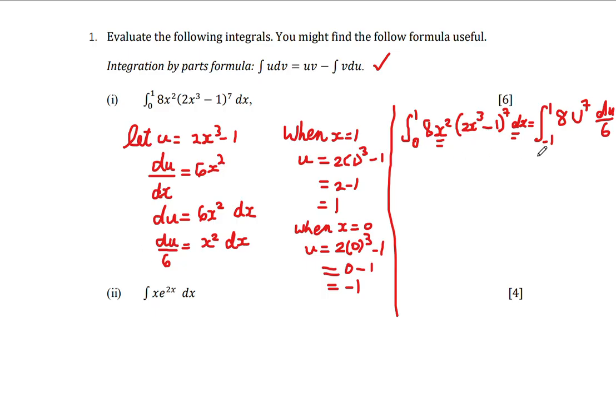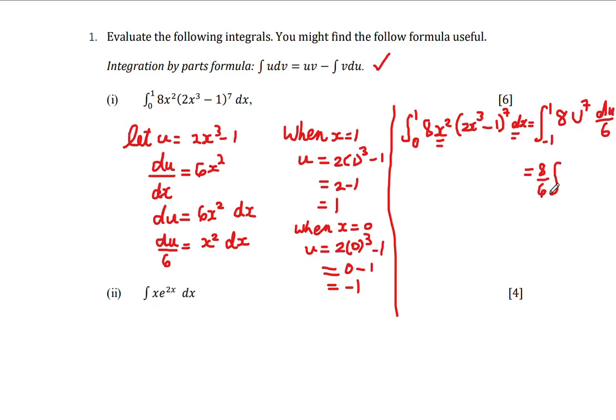So now we have set up the integral and rewritten it in terms of u. From here, the integration process is going to be very simple. What we're going to do is pull out the constants 8 and 6. So this could be pulled out in front of the integration sign as 8 upon 6, or we could have simplified that to be 4 over 3.